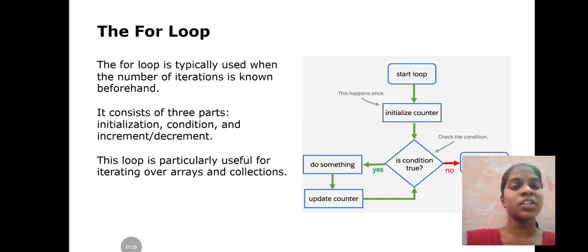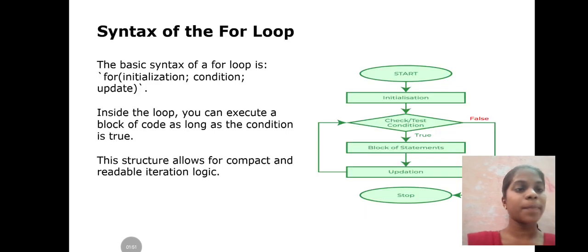It consists of three parts: initialization, condition, and increment or decrement. This loop is particularly useful for iteration over arrays and collections. Start the loop, initialize the counter, check the condition, do something, update the counter. Then it will iterate. If not, it will fail.